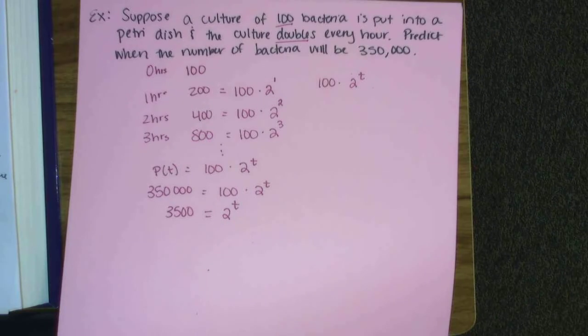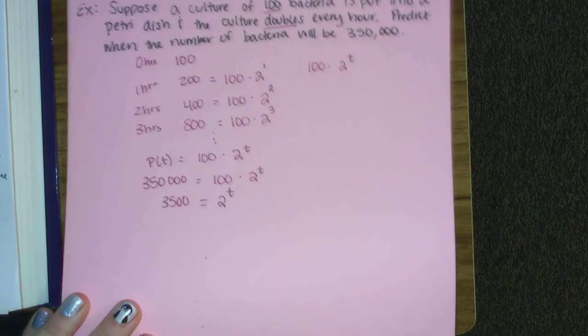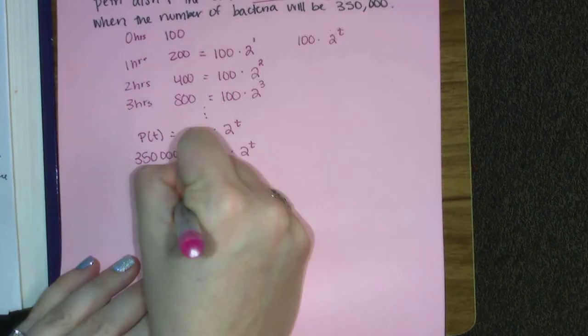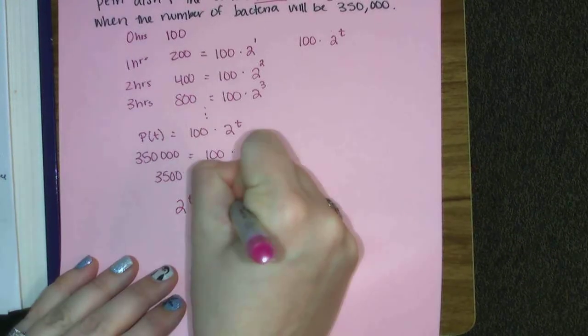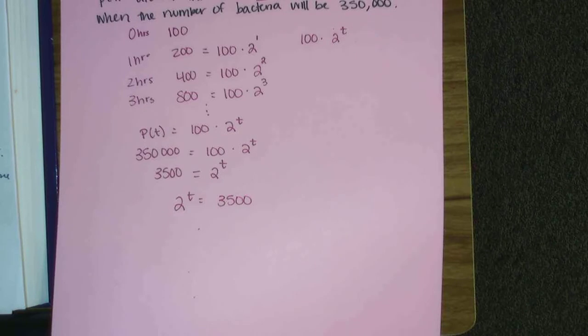Okay, so I need to rewrite this so that I can use that little trick. I'm going to write 2 to the t is equal to 3,500. And then I need to go from an exponential to a logarithm because I've got to get rid of this t up here, and the only way to do that is to use the logarithm.